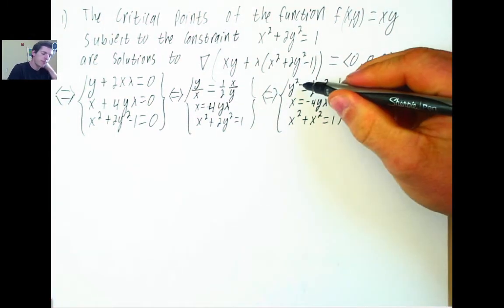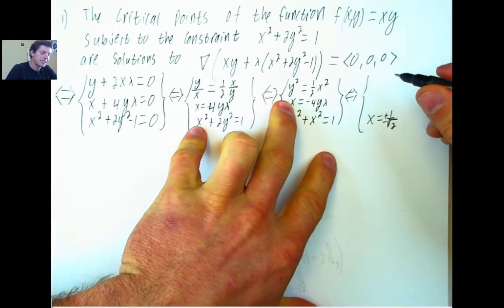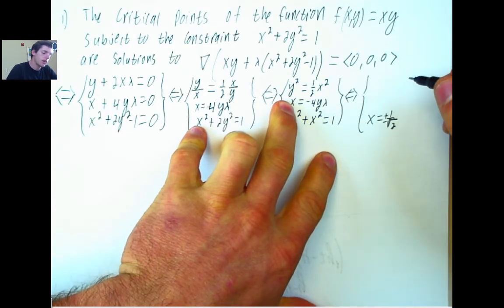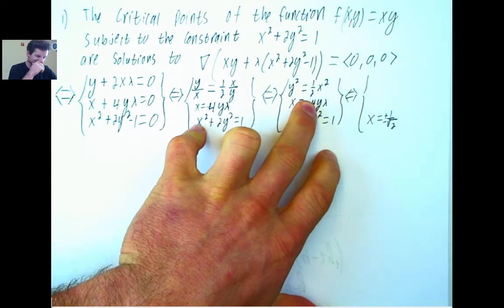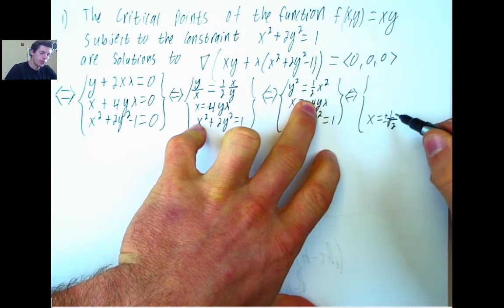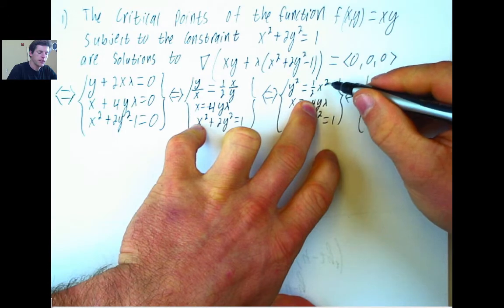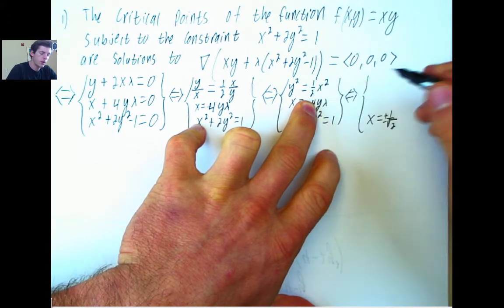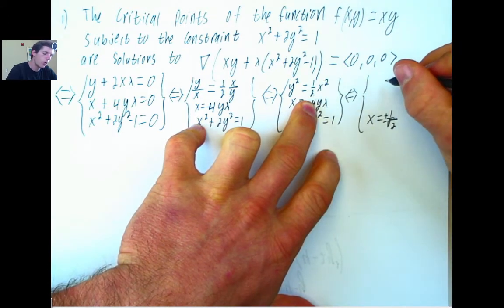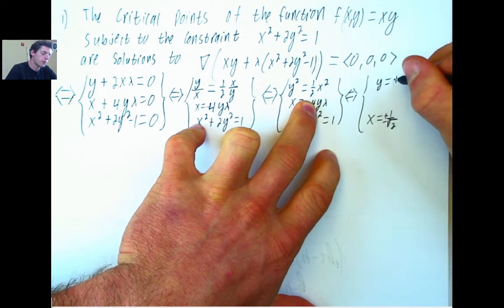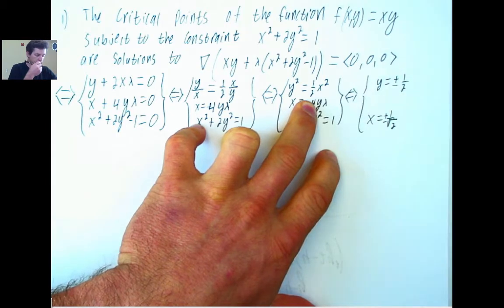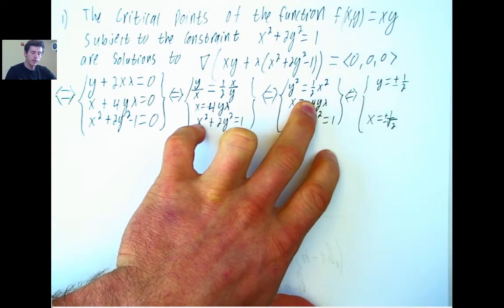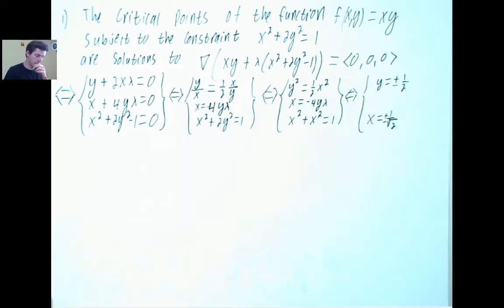That means that y is plus or minus 1/2, no matter which of these two things I choose, x squared is 1/2, so 1/2 times 1/2. That means that y squared is 1/4, or y is equal to plus or minus 1/2. Yeah, because y squared is 1/4, so y is plus or minus 1/2.